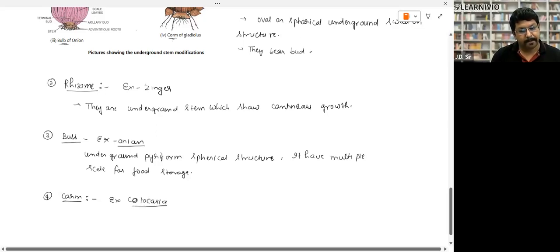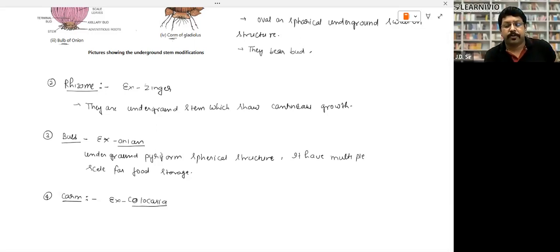Martin? Sir, that is arbi, a white vegetable which we eat. It has a brown hair-like structure outside. Inside it's white. It's normally known as arbi, and we call it colocasia.